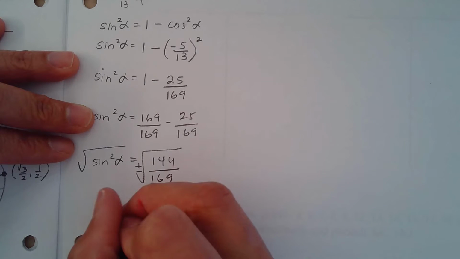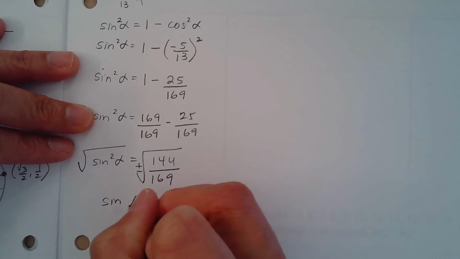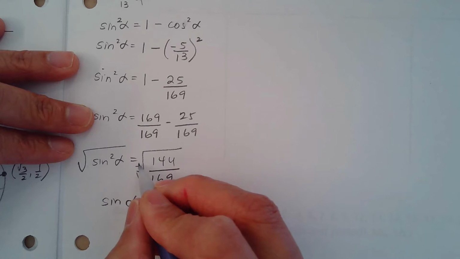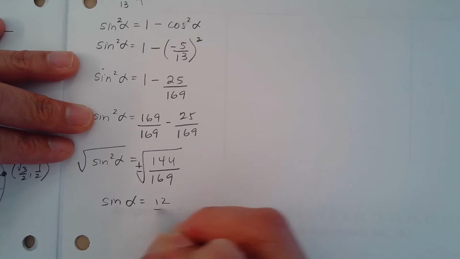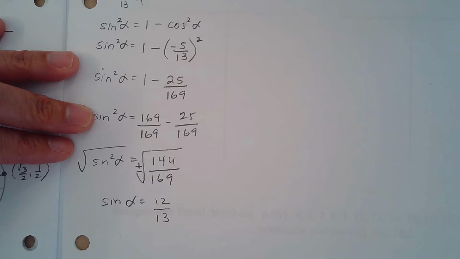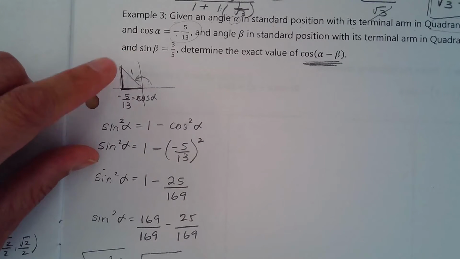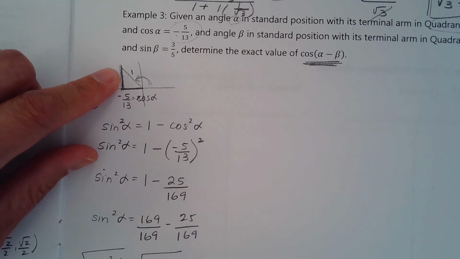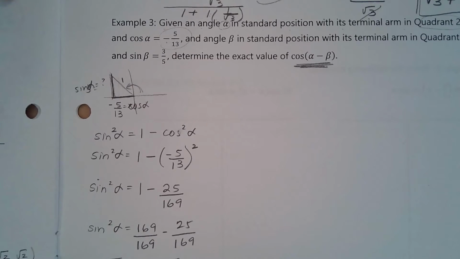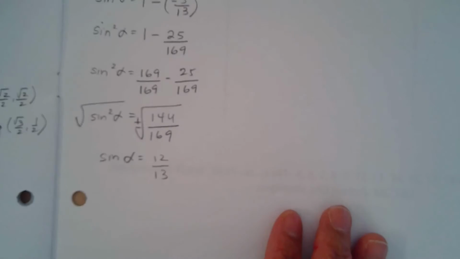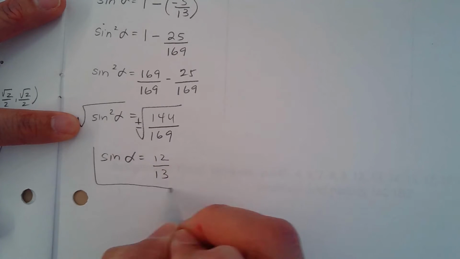Positive. So sine of alpha is equal to positive 12 over 13, because the angle is in quadrant 2, so it has to be a positive sine. Leave it like that, okay, because I need that later.